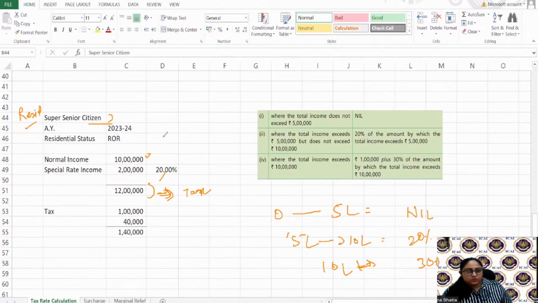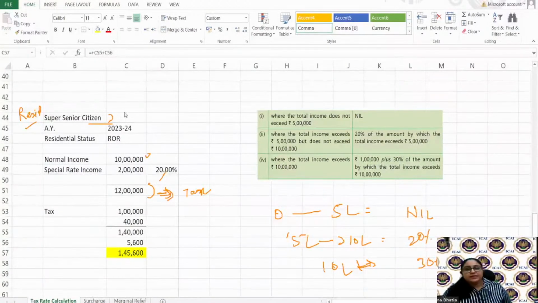Partha Sarthi, no. The answer is not correct. So the correct answer is 1,40,000, and on that cess is 5,600. This is for resident super senior citizen.